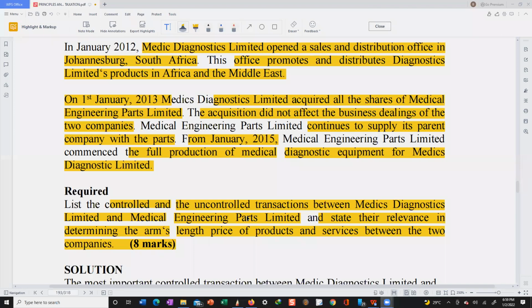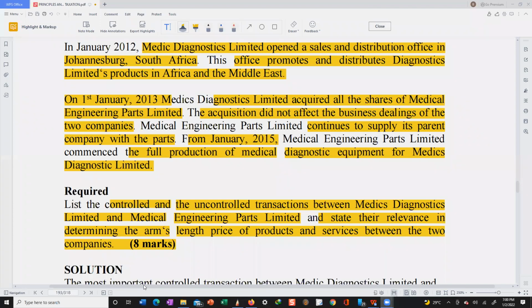So who can tell me some of the transactions that are controlled and those that are not controlled?